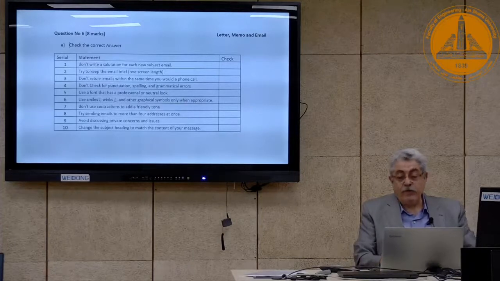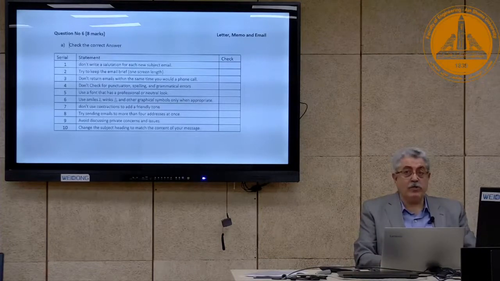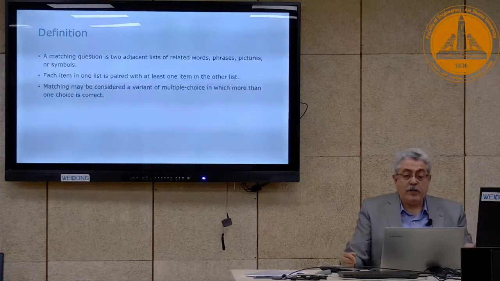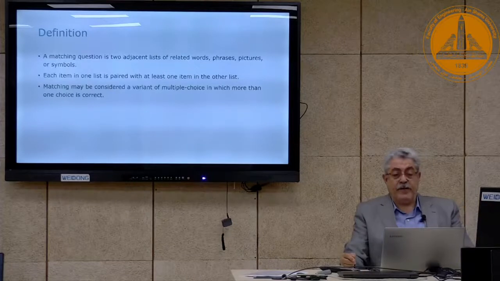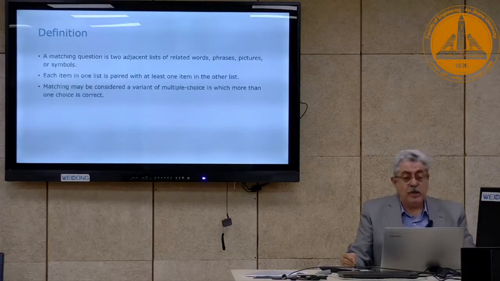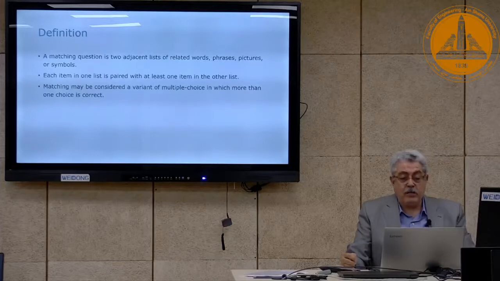Now we finish with the true-false questions and we go to the matching questions. Matching questions have adjacent lists of related words, phrases, pictures, or symbols. Each item in one list is paired with at least one item in the other list.